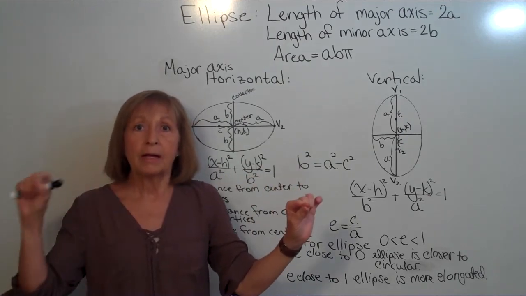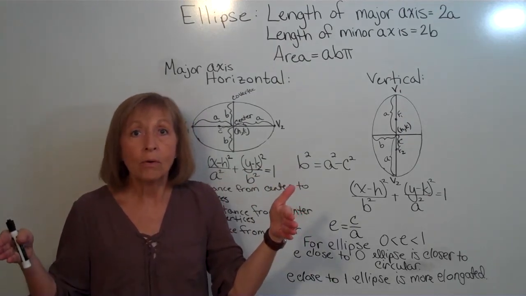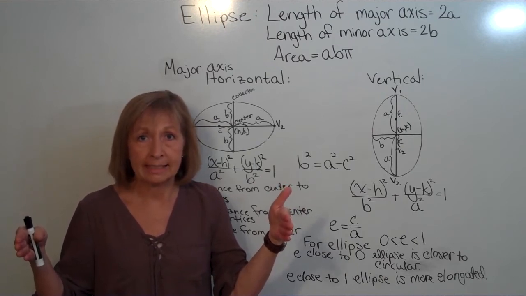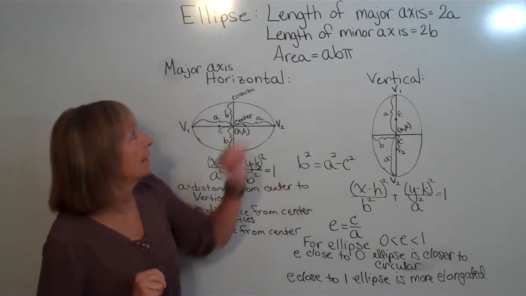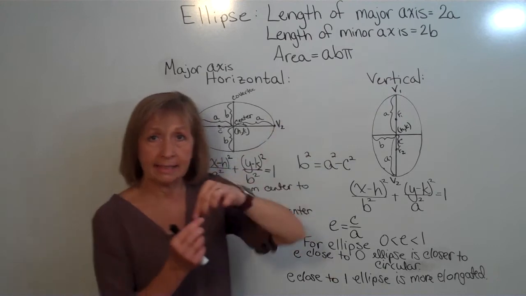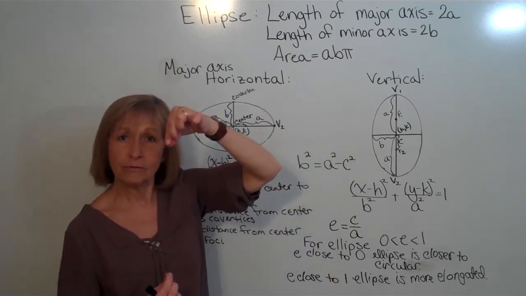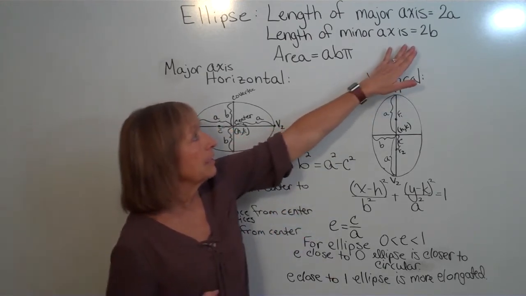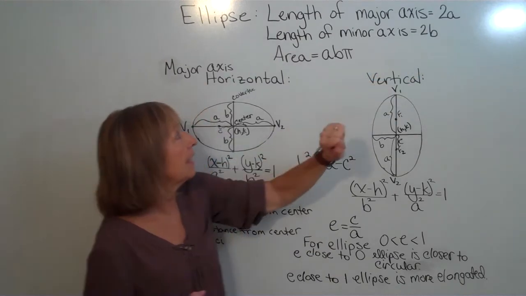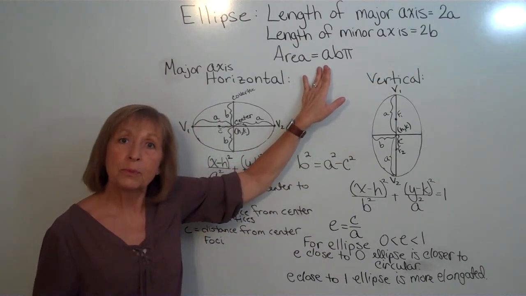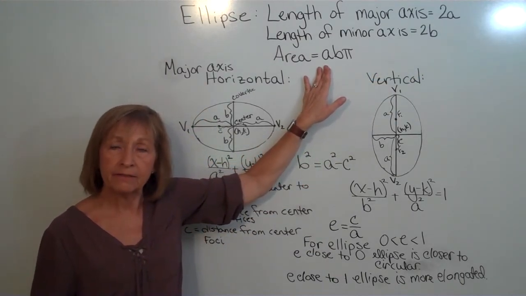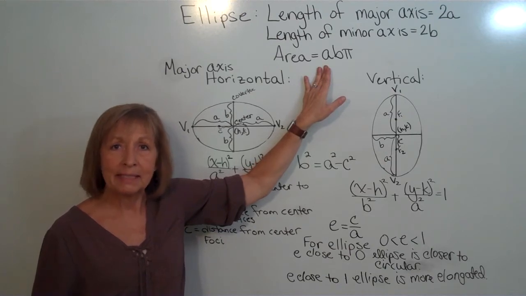So if you do another A to the other vertex, the total length of that major axis is 2A. The length of the minor axis, so that's from the center to the co-vertices, that's going to be 2B. And then for the area of an ellipse, we actually have a formula, and it's A times B times pi, so AB pi.